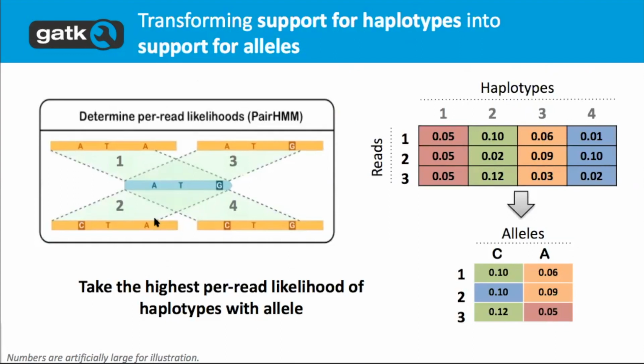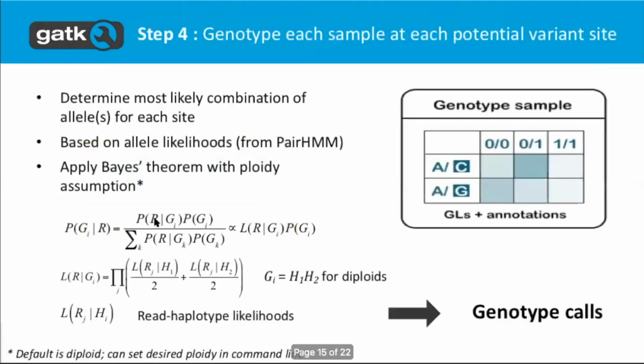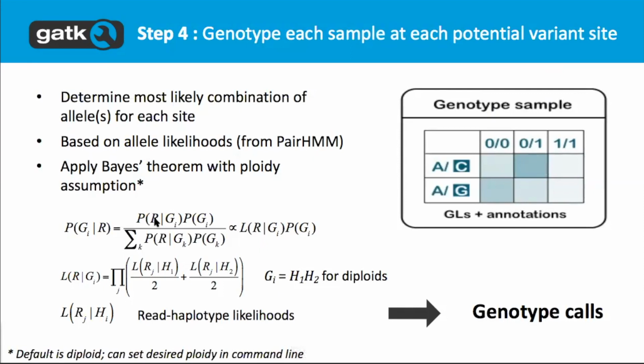All right. We're computing likelihoods for haplotypes, which may involve multiple different alleles at different positions. And so at this point, we have to go through a process called marginalization to be able to compute likelihoods specifically for each position. Again, more Bayesian math.